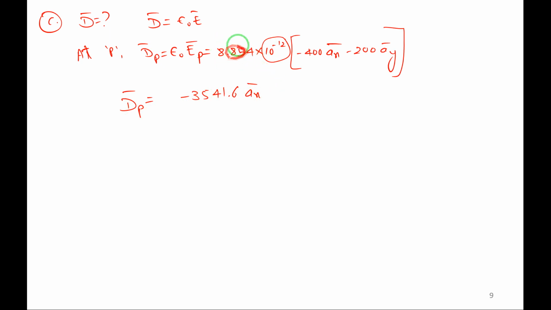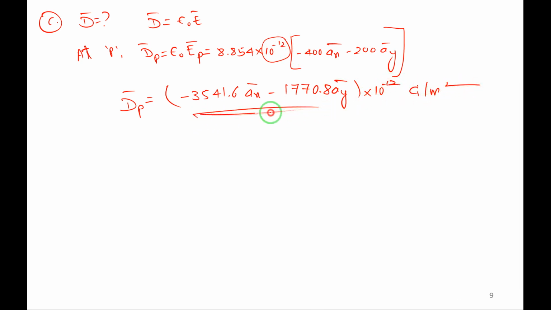Then I will multiply 8.854 with minus 200. So I am getting it as minus 1770.8 AY into 10 power minus 12 coulomb per meter square. Right? Okay. This is D at point P.